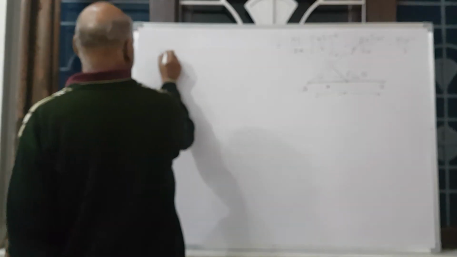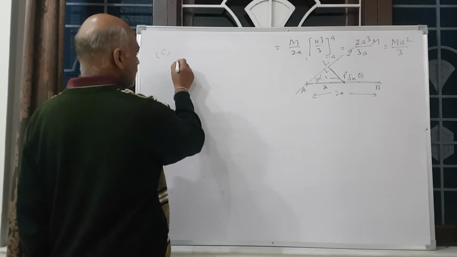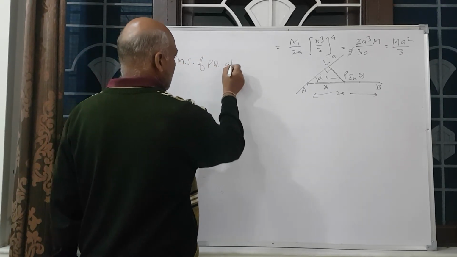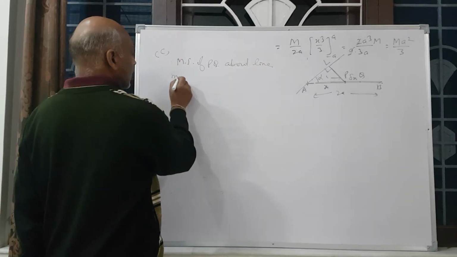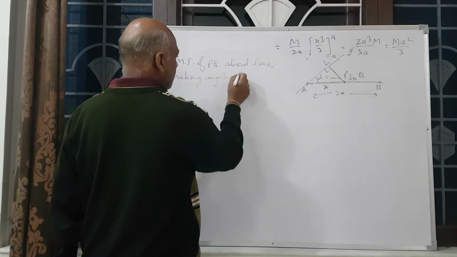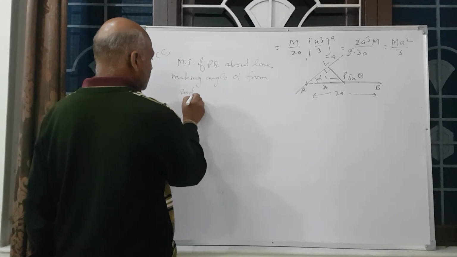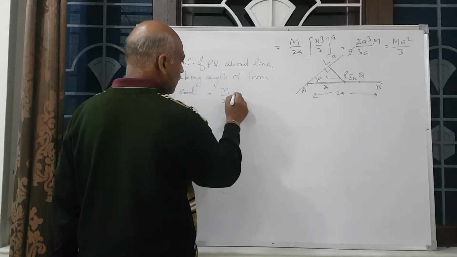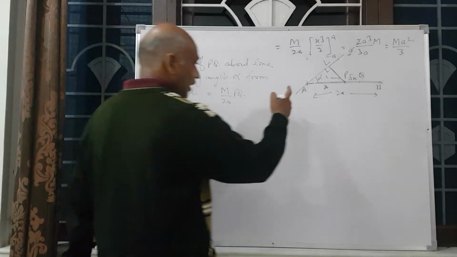So in case C, the moment of inertia of PQ about a line making angle alpha with the rod means m upon 2a PQ, the same, and the perpendicular distance.